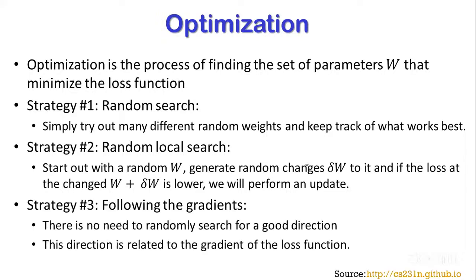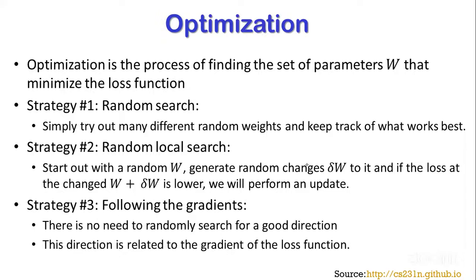Another strategy is following the gradients. Here I'm saying you are updating the weights by small amounts, but how are these weights going to be updated? So let us follow the gradient approach, because there is actually no need to go randomly.